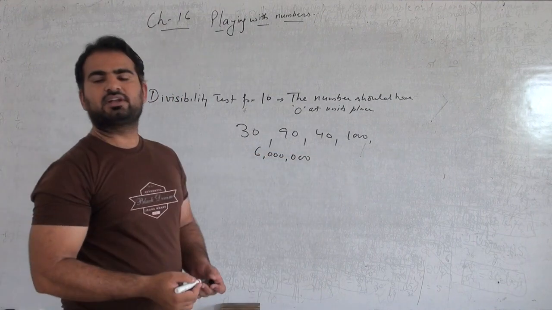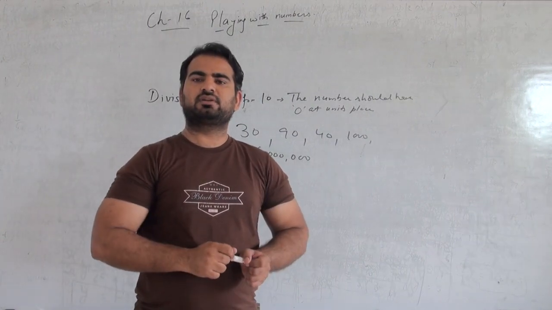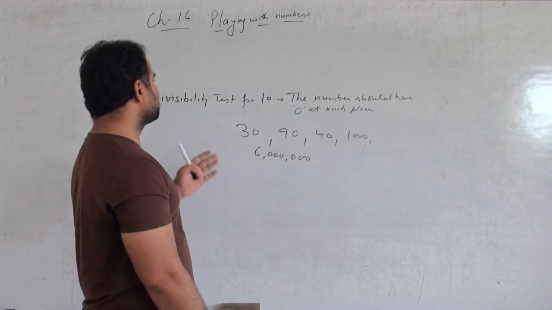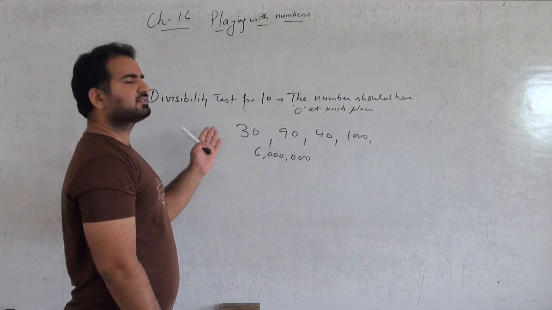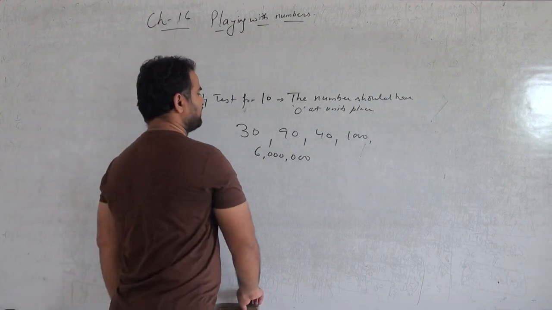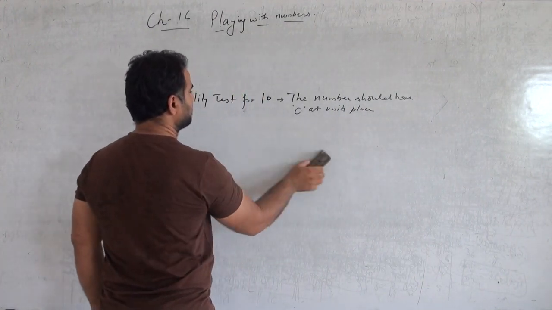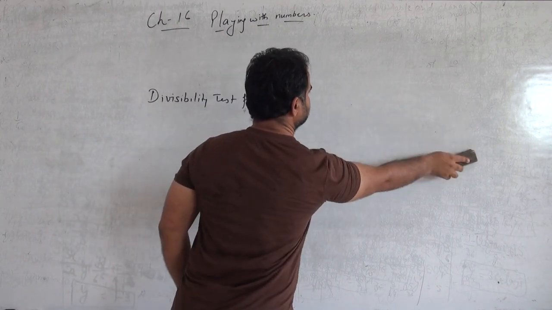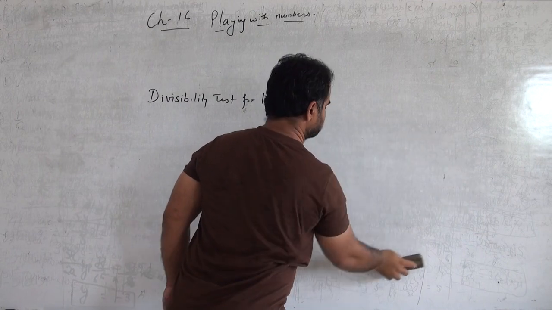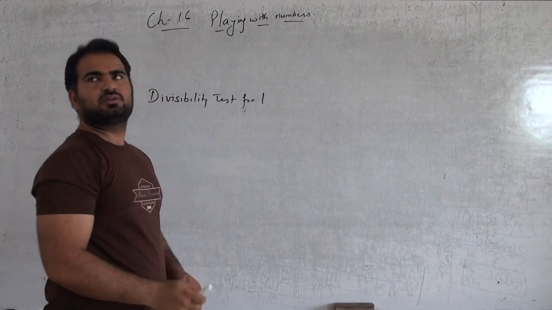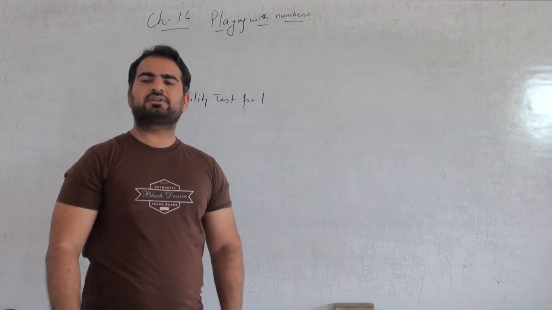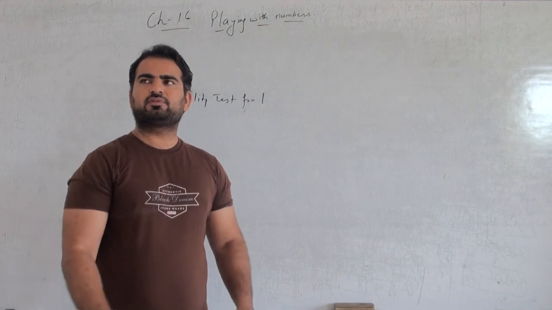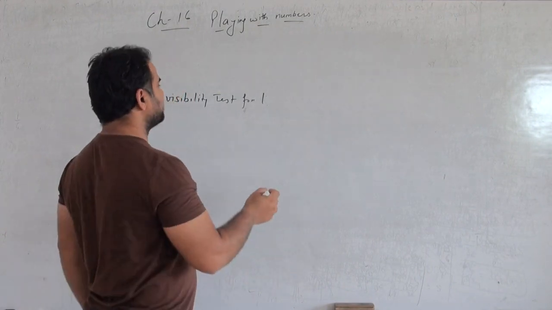Okay, so class, next is the last divisibility test, for 11. What is the divisibility test for 11? What you have to do is just write the number.